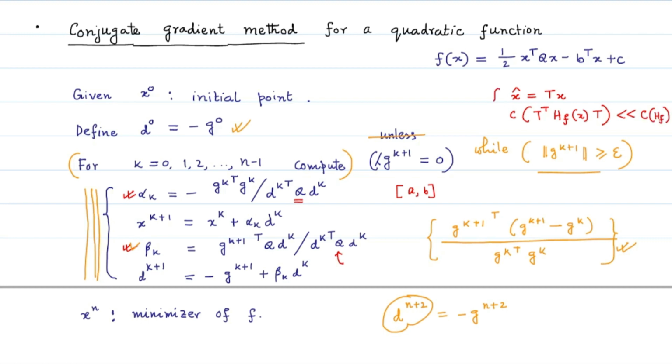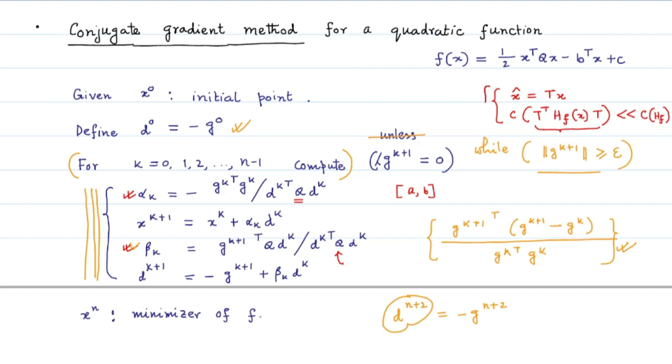You choose such a matrix T and then solve the problem in the x hat space. In the x hat space, the Hessian matrix is given by this matrix, which has a smaller condition number, and hence the conjugate gradient method will work well in the space of x hat.